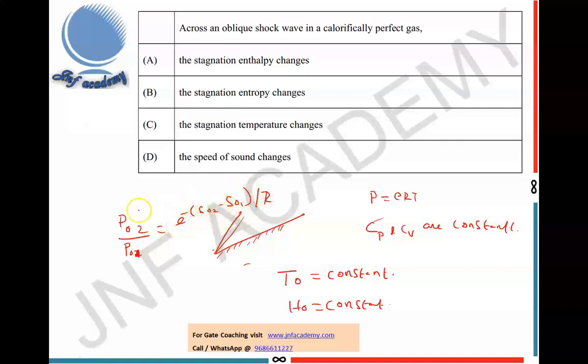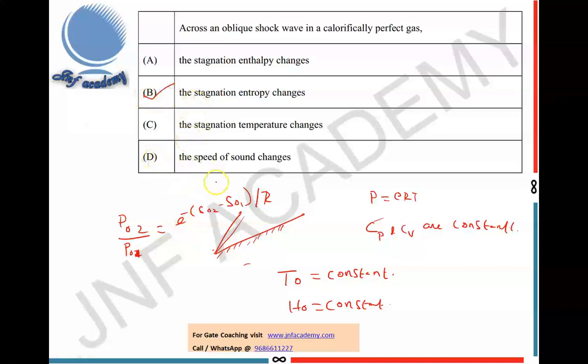Stagnation entropy change is definitely a function of the pressure change across the shock. Across the shock, the stagnation pressure will definitely change because that's the flow loss, right? That we all know. So because of that, statement B is correct. The stagnation entropy changes.